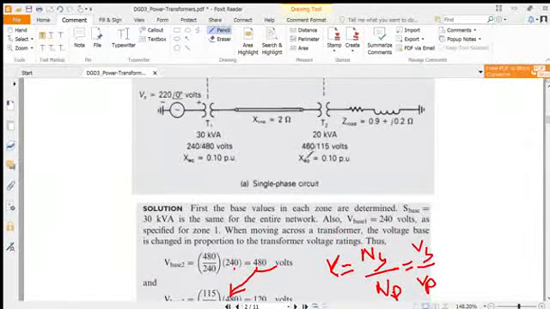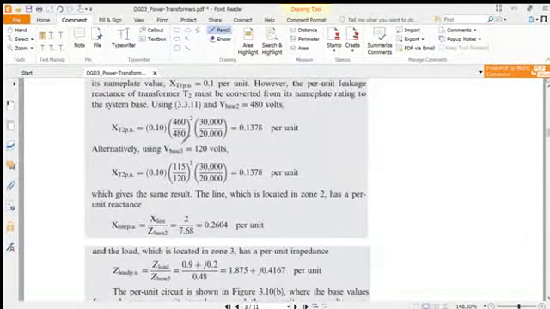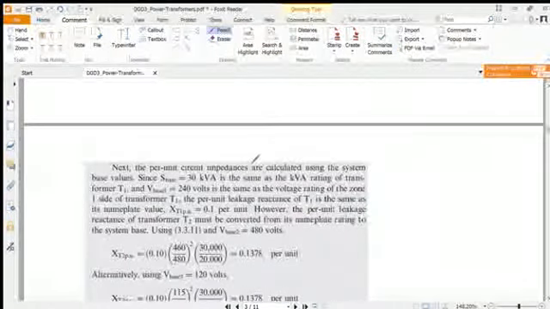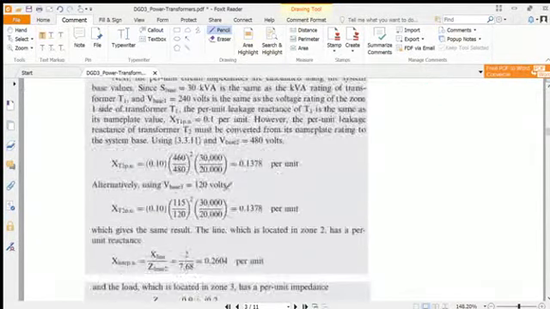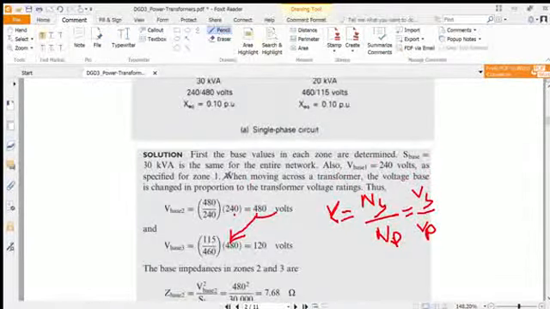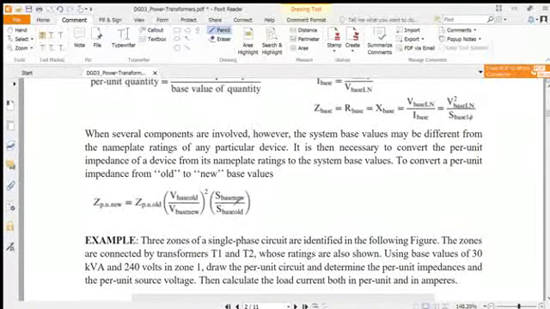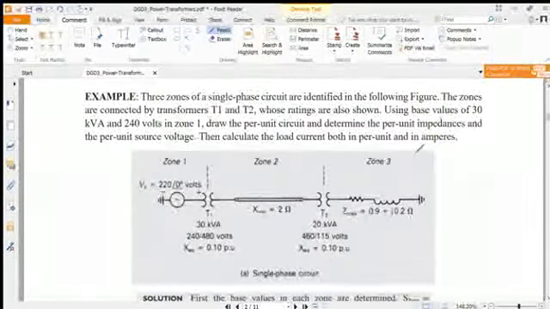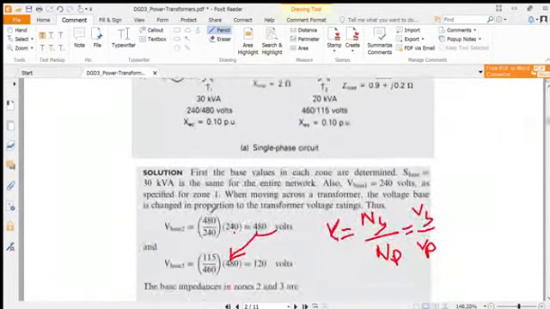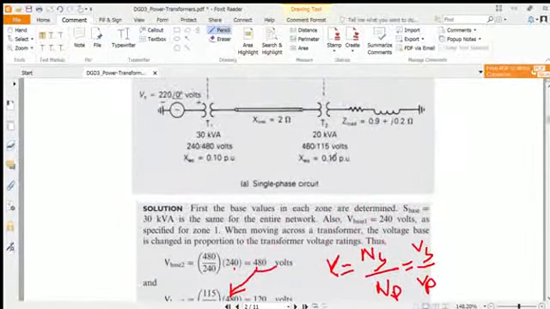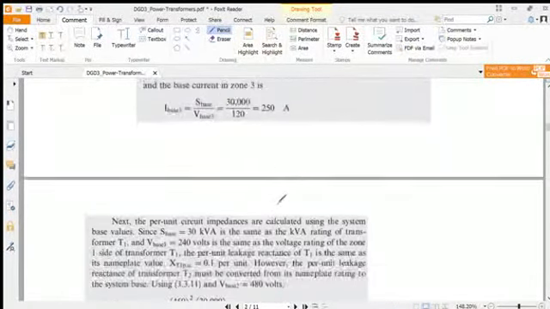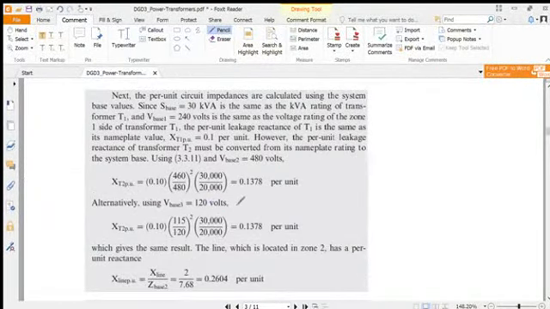So it's 460 over here, and then the base value for zone 2 is 480, which we already found. And what is the volt ampere rating? The new value, I mean the base value, is 30,000, and the old value given in the question paper is 20 kVA, so it's 20,000 volt ampere. So here is the per unit value.